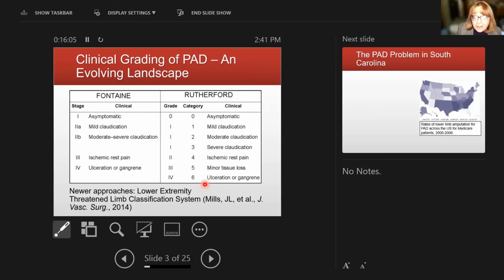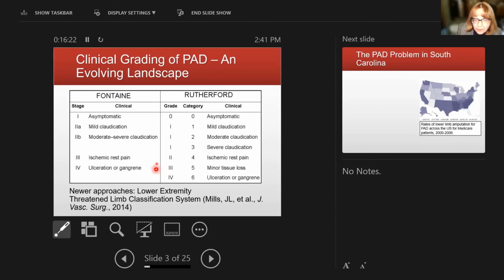gangrene. And there are current approaches to developing new methods to classify peripheral arterial disease based on predicting the patient outcomes after treatment.